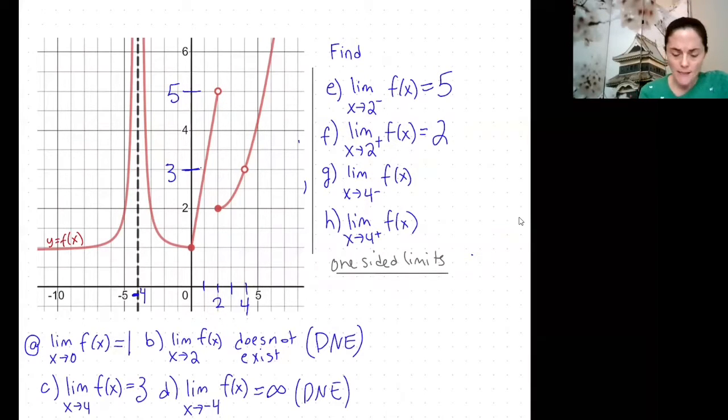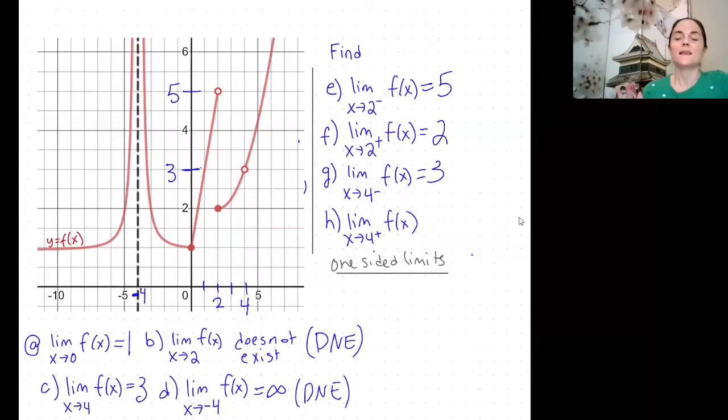And now let's also look at x equals 4. Here, this is the limit as x approaches 4 from the left. This is the limit as x approaches 4 from the right. Okay, well, here's x equals 4. We come in values less than 4 for the limit from the left. Come up here. Okay, we see it approaches y equals 3.